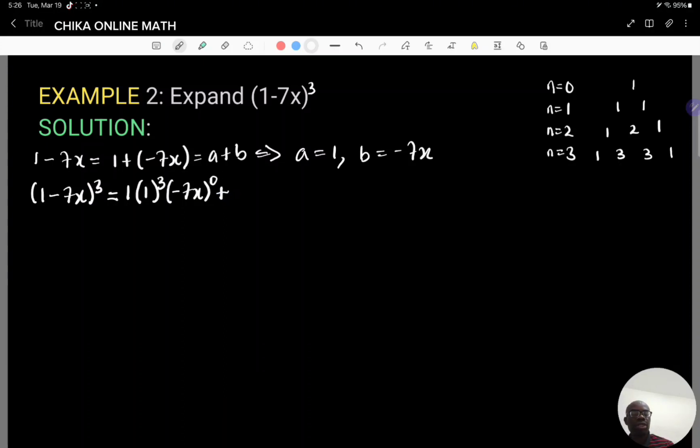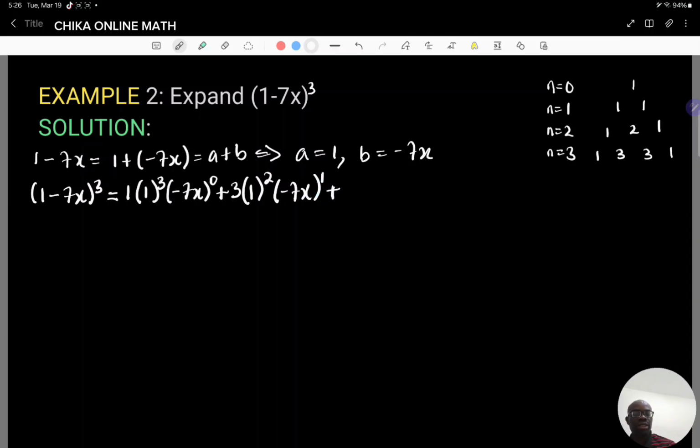Plus, next, the second coefficient is 3, so we place it here: 3, then the power of 1 will reduce by 1, while the power of minus 7x will increase by 1.